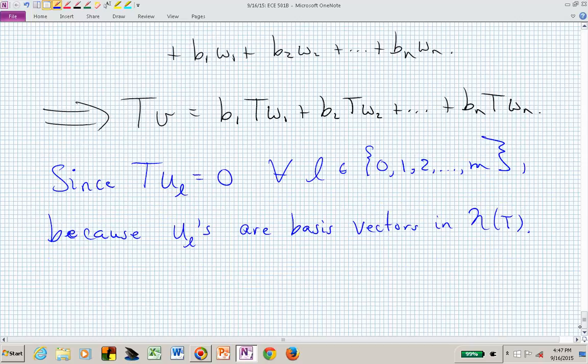Now, with that, let's see if we can learn a little bit more from what we have. How much effort was put into picking little v? None. We picked that arbitrarily, didn't we?